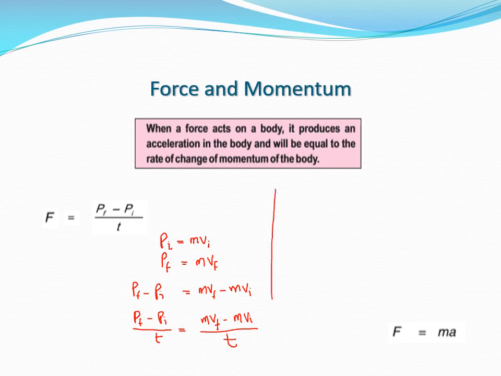Now dear students, on the left hand side we have Pf minus Pi by t, and on the right hand side let's take m as a common factor in the numerator. So m times Vf minus Vi divided by t, because we have taken m as common. Now just focus on the expression inside the parenthesis, Vf minus Vi by t. And what is it, dear students?